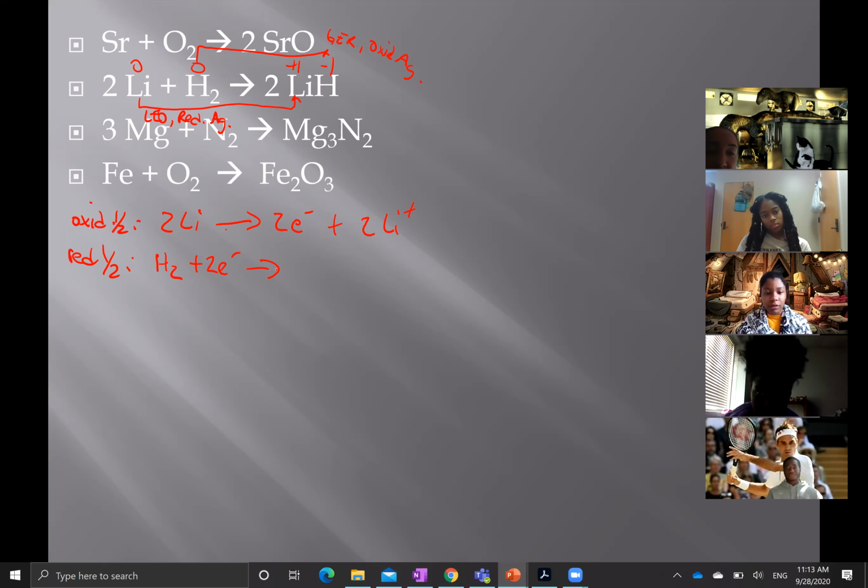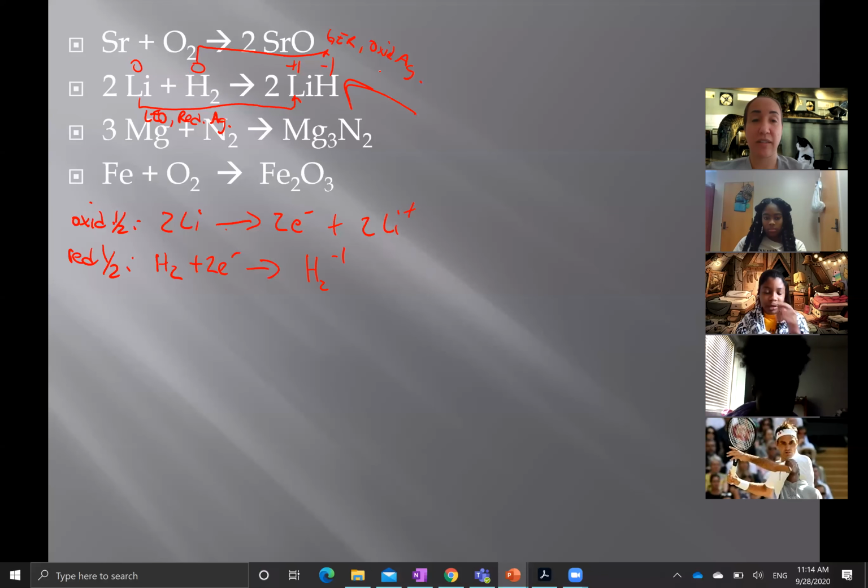Oh, H2. H2 negative 1. Like this? Yes. Really? Let's think about that. Remember, you have to put it in the form that it's in. This is what type of compound? Ionic or molecular?